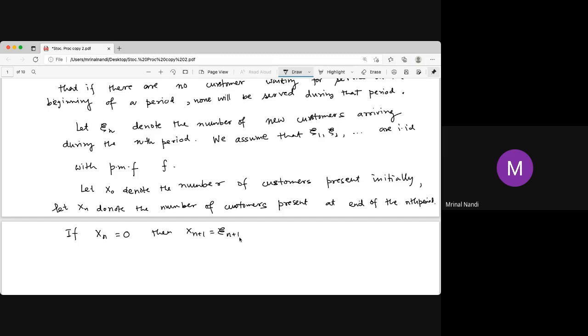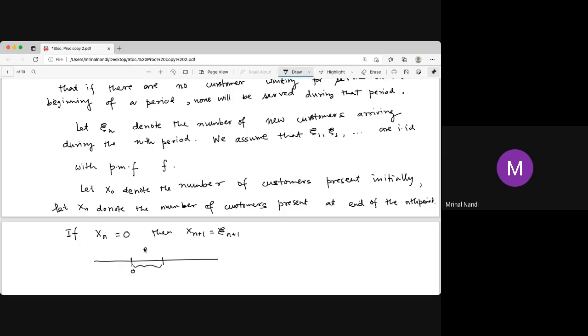If you put n equal to 0, that means your x0 is 0, so initially it is 0. Your x1 is ξ1, right? Because what is x1? X1 is the number of customers present at the end of the first period. So this is 0, and this is the 1 unit of time.